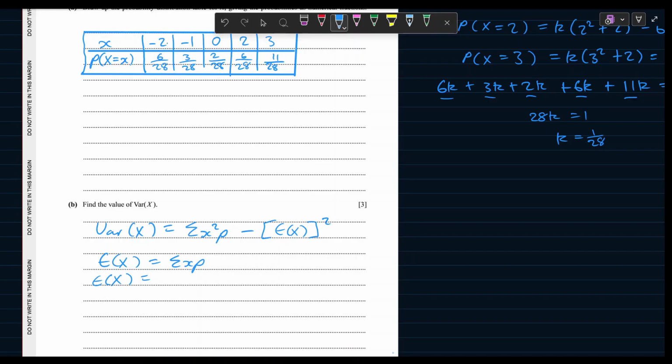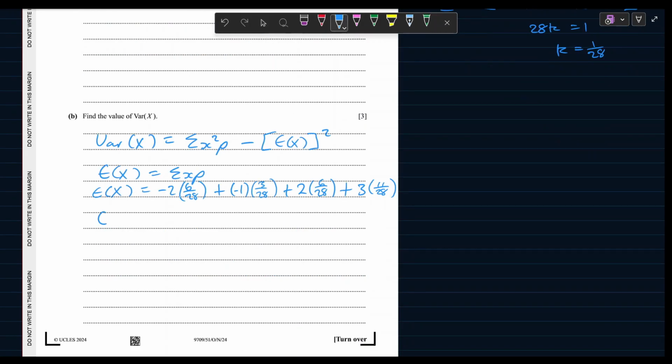That's going to be -2 times 6 over 28, plus -1 times 3 over 28, plus 0 times 2 over 28. So we're multiplying by 0 there, I'm just going to ignore it. Plus 2 times 6 over 28, plus 3 times 11 over 28.